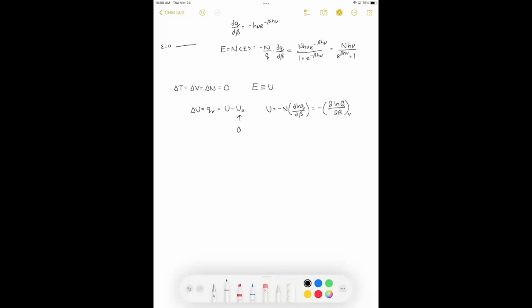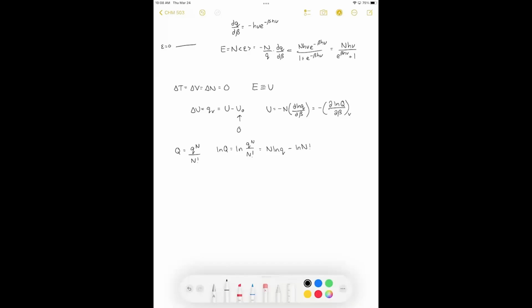We made this last equality by recognizing the relationship between our canonical partition function, capital Q, and our molecular partition function, the lowercase q. So if our canonical partition function, capital Q, is equal to q raised to the n over n factorial, then the natural log of Q is equal to the natural log of q to the n over n factorial, which is equal to n natural log of q minus the natural log of n factorial.